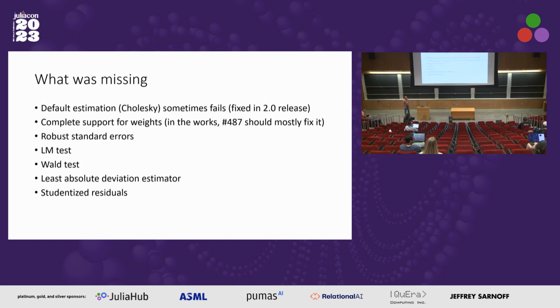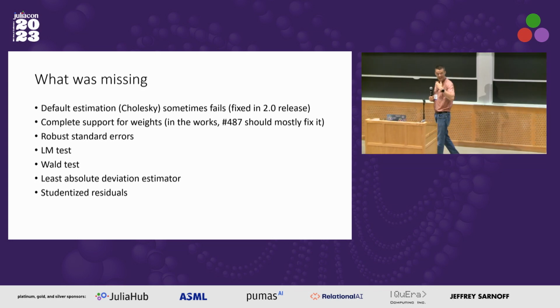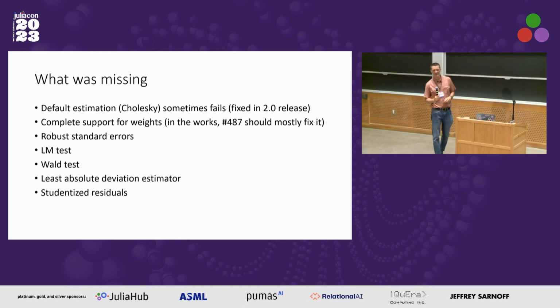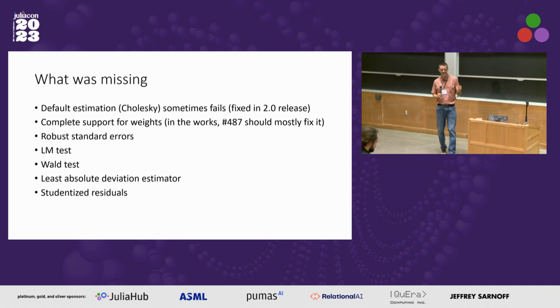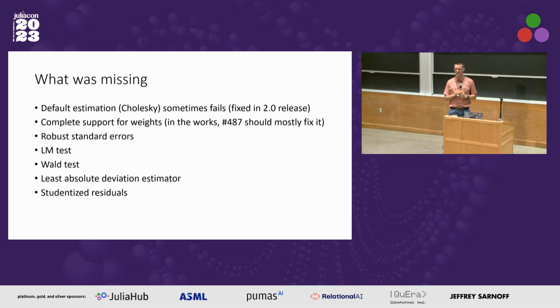You said that the Cholesky decomposition was failing. So why was it failing? I can give a general answer, and then a precise answer in the context of GLM.jl. The general answer is that Cholesky is less numerically stable than QR decomposition.